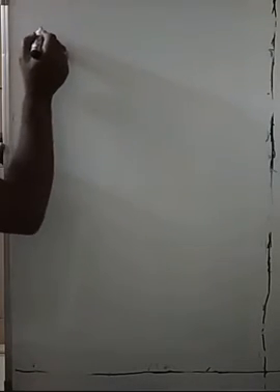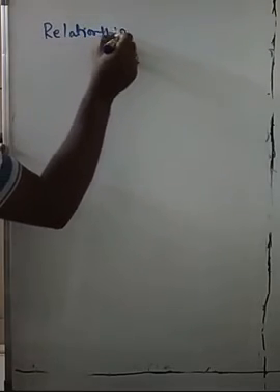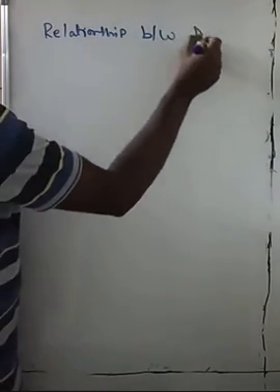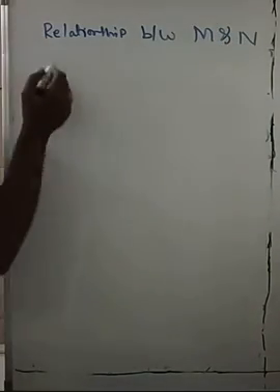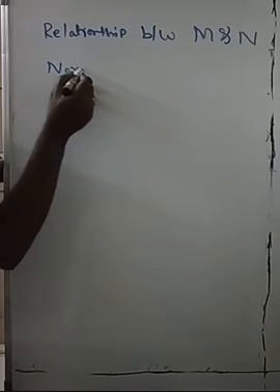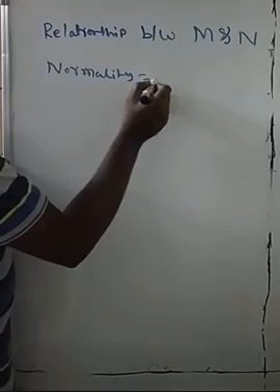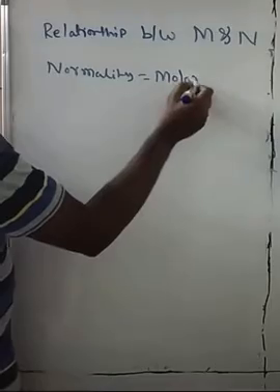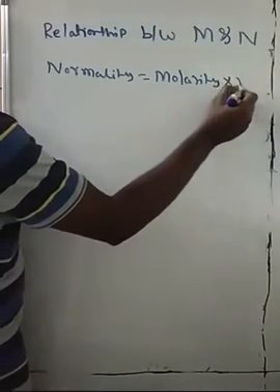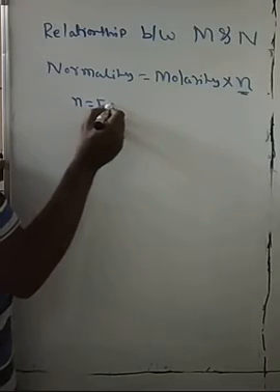But what is the relationship between molarity and normality? That is the relationship between capital M and N, nothing but molarity and normality. Here normality is equal to molarity into N factor. What is N factor?